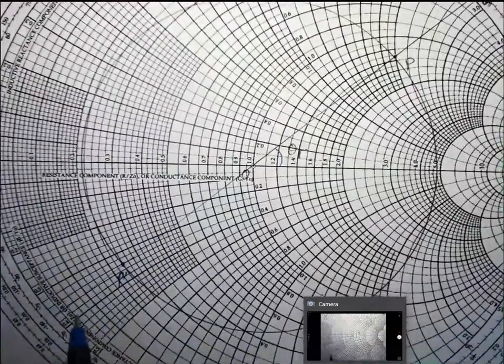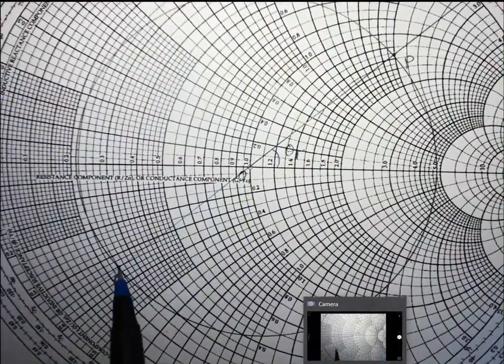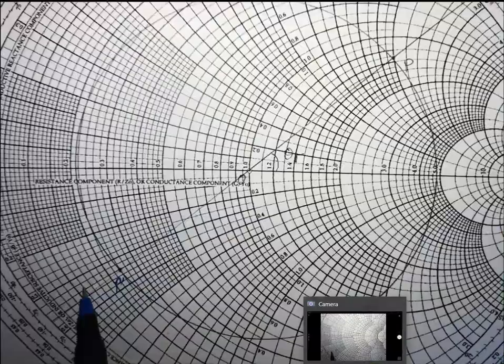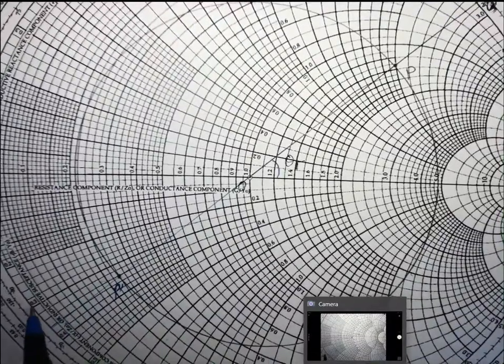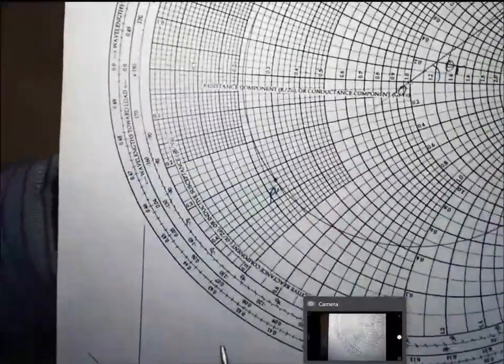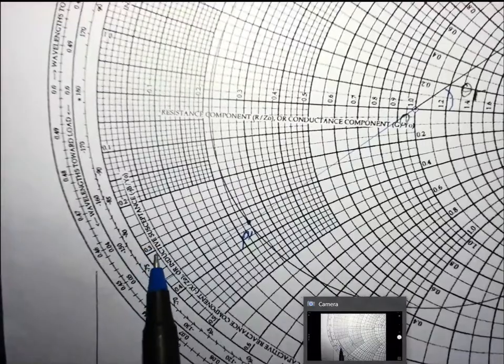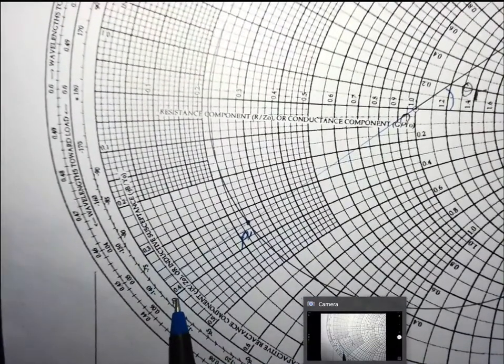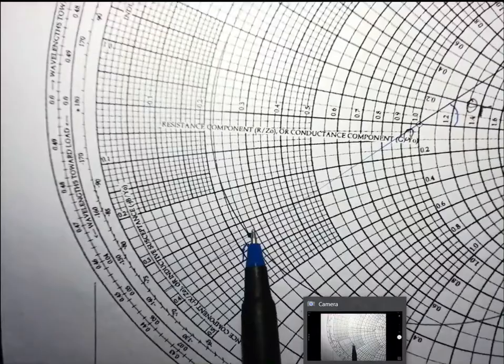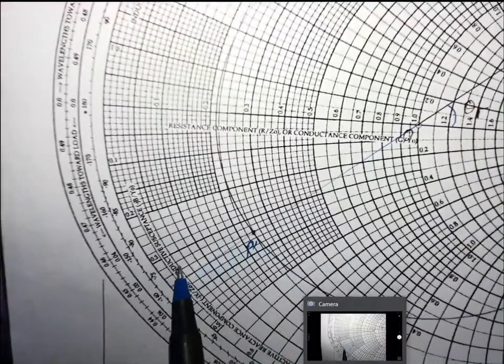So take this curve. It is between 0.3 and 0.4, and it has this point.